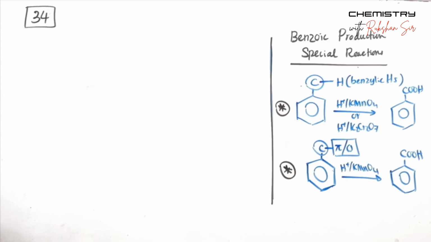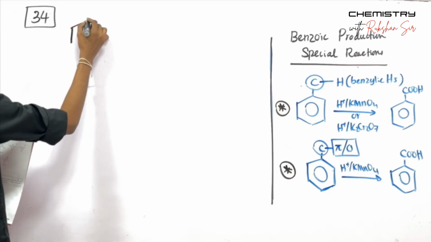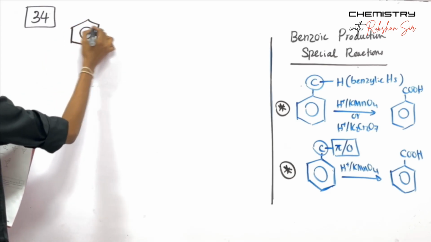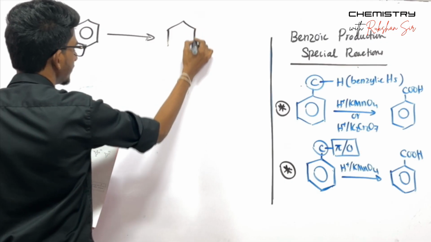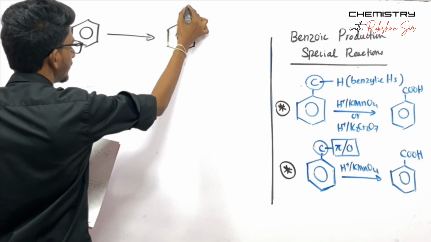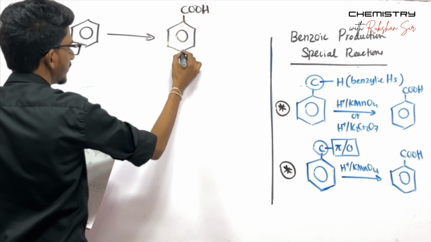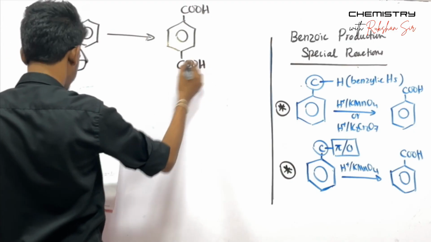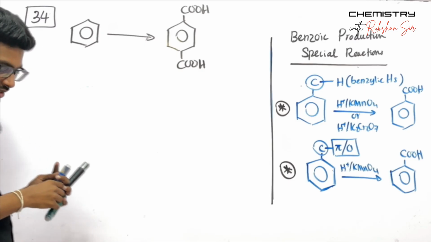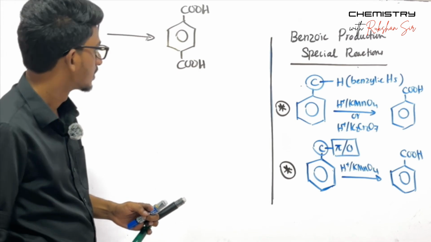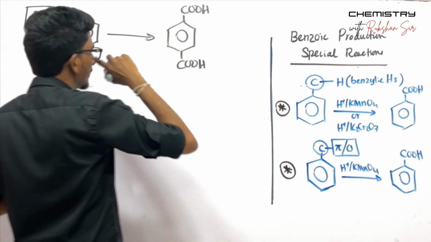What is this conversion here? You are supposed to start from benzene and form this thing with two groups. So first analyze it.